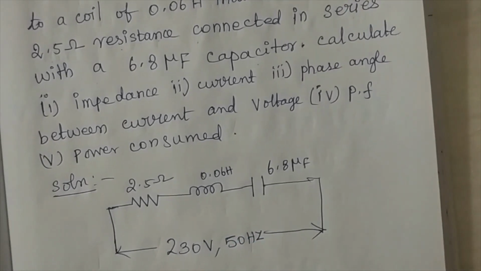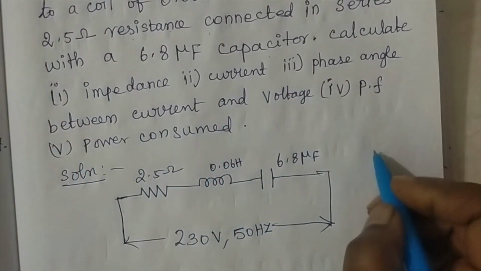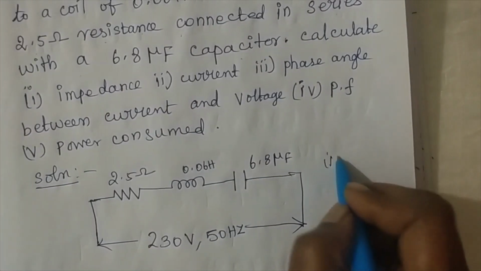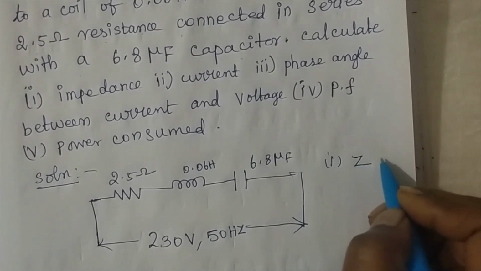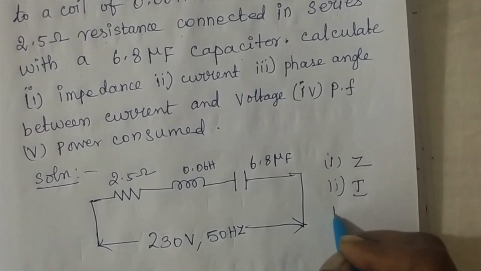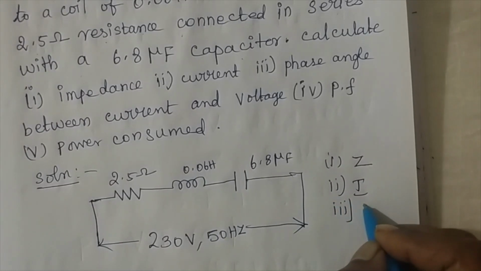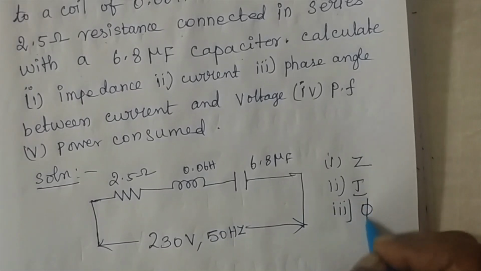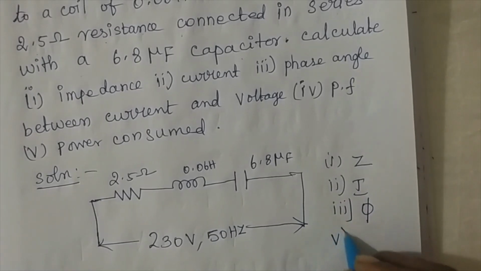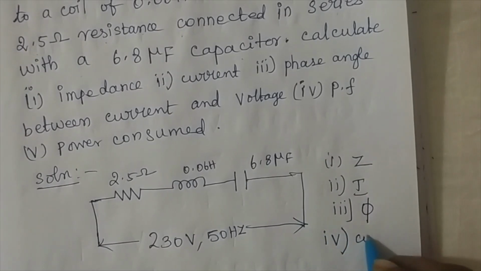Right. Now we have to find the impedance and current. The first one is we should find the impedance. Second one is current. Third one is we have to find the phase angle between current and voltage, that is phi. And fourth one is power factor, that is cos phi.